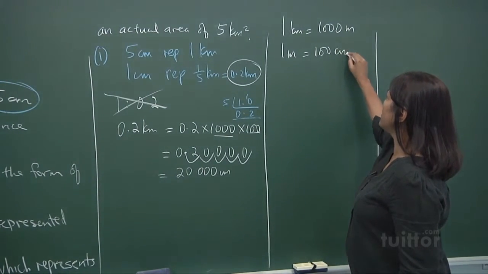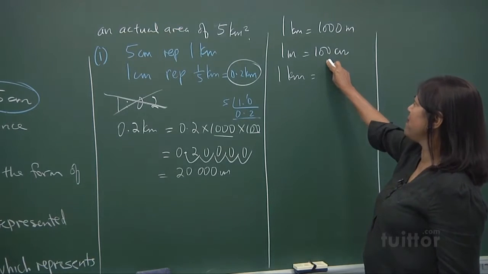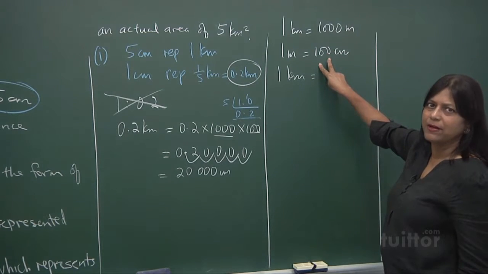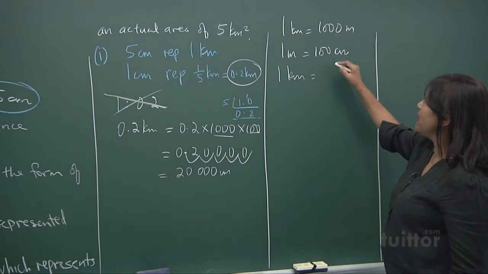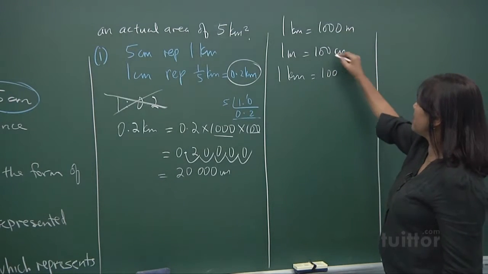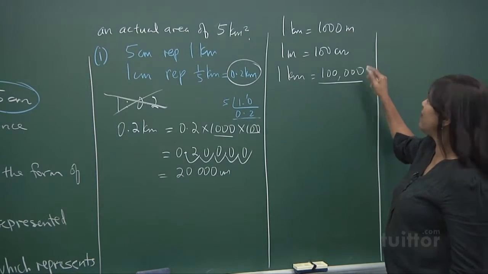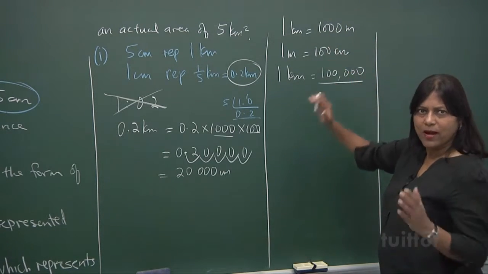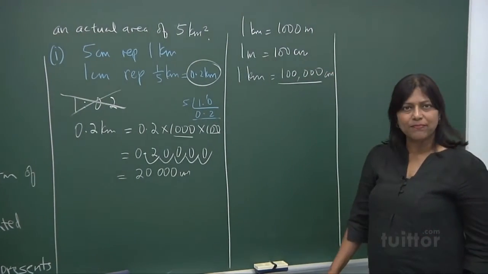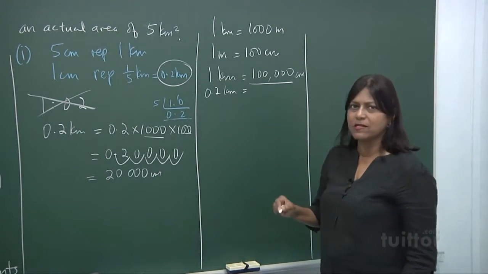So if you look at 1 kilometer and want to change it to cm, 1,000 meters, every 1 meter is 100 cm. So 1,000 meters will be 1,000 times 100, which is 100,000 cm. 3 zeros, 2 zeros, you get 5 zeros, and that's in cm. So what is 0.2 km? I just really want to reinforce this basic knowledge.